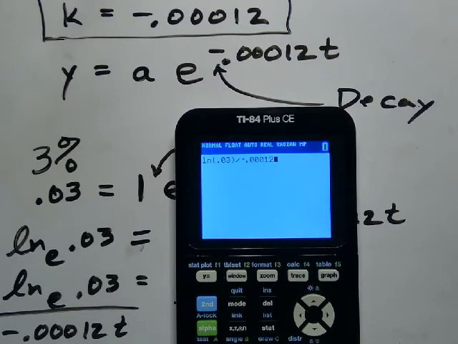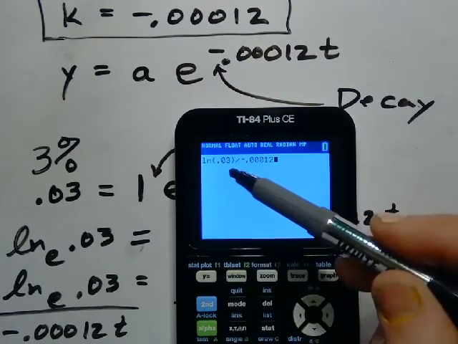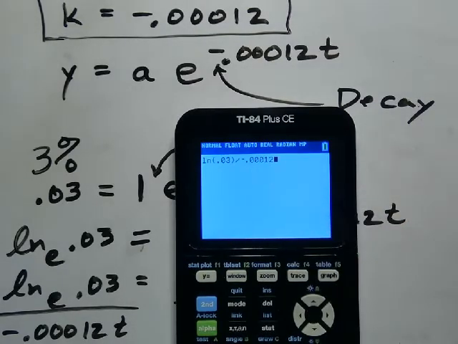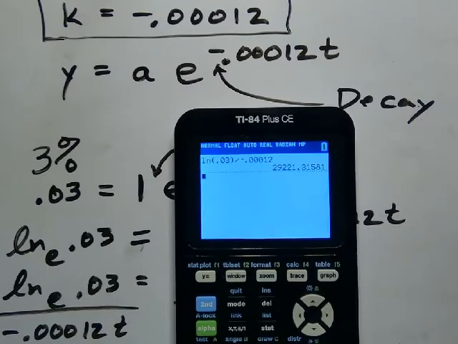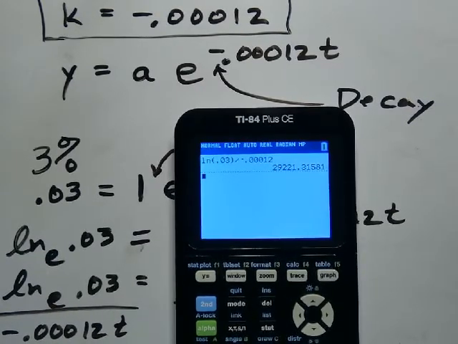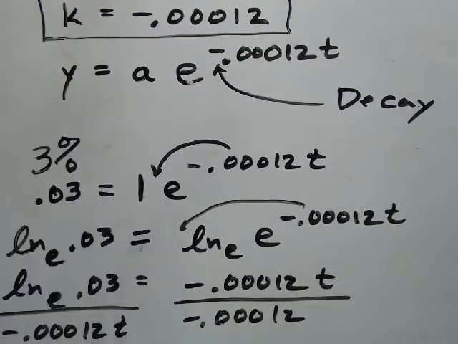All right, I went ahead and stuck that calculation in there, the natural log of 0.03. Divide that by the number on the bottom, negative 0.00012. Let's see what we end up with. Oh, it says it's about 29,000 years. Approximately 29,000 years.